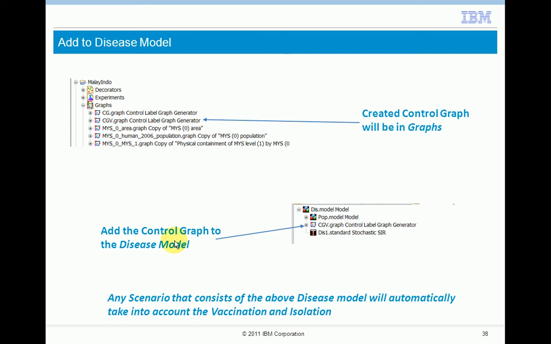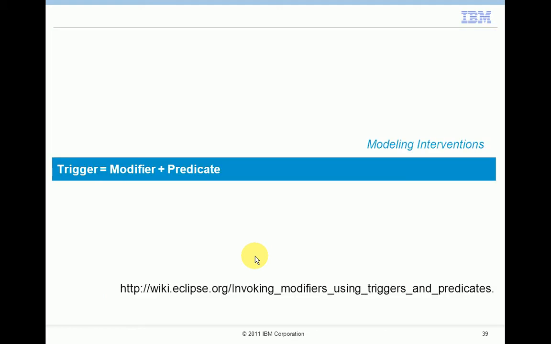Specifically, in the designer perspective that you're working on, you'll be able to see a control graph under graphs. So all you need to do is to drag the graph and put it inside your disease model. And then you can run the scenario with that particular control graph, and then you see the effect of the particular control that you're doing on the disease.